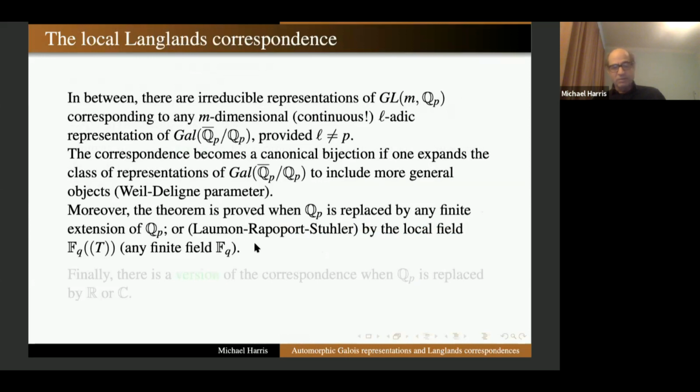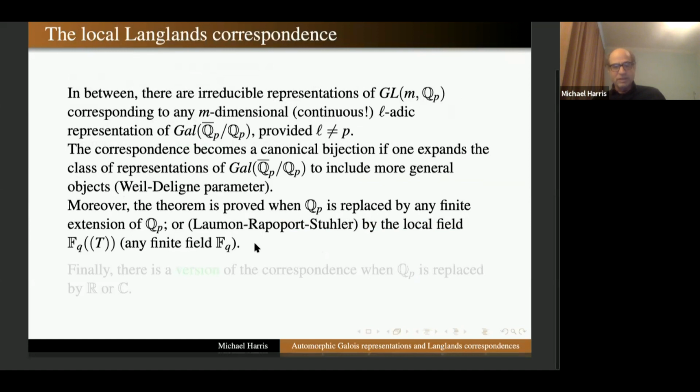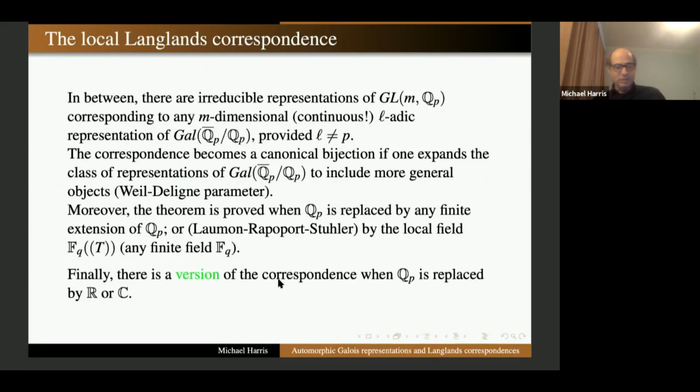All right, to conclude this survey, there is a version of the correspondence. I put version in green as a way of warning you that I'm not going to say anything about what this means. There's a version of the correspondence when QP is replaced by R or C. All of the local fields, all the locally compact topological fields, are on this slide.